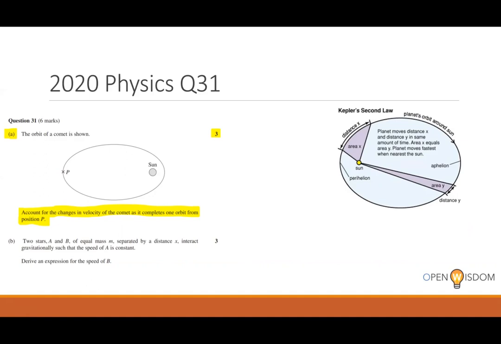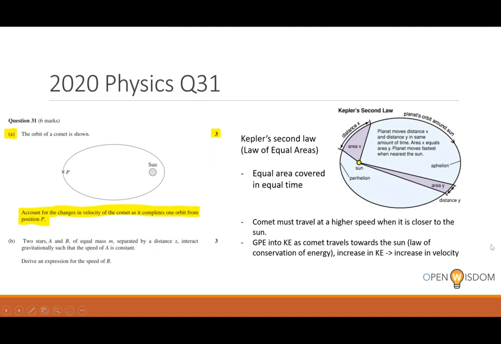Area x equals area y. So we know that it's the second law, and the important part is that we have to mention equal area covered in equal time. Now combine that, we can say the comet must travel at a high speed when it's closer to the sun in order to cover the equal area.